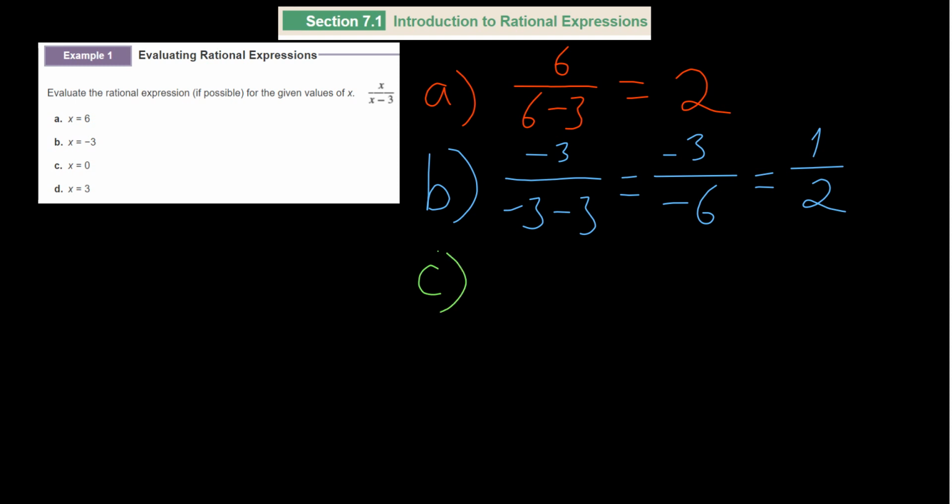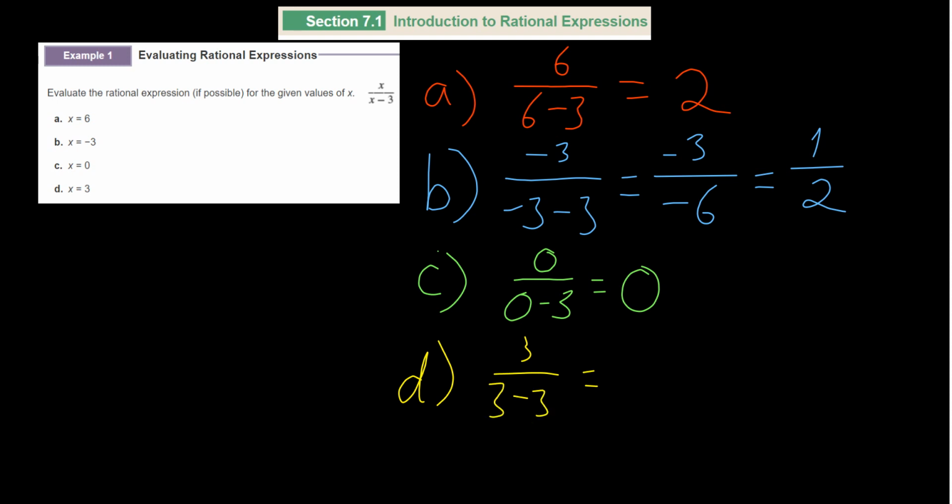For 0, this is a pretty easy one. So 0 over 0 minus 3. Well, 0 over anything is going to be just 0. And lastly, we've got a 3, so we've got 3 over 3 minus 3.